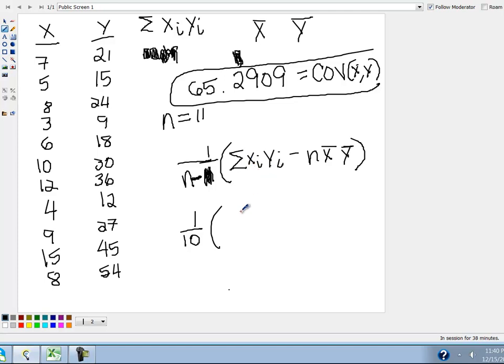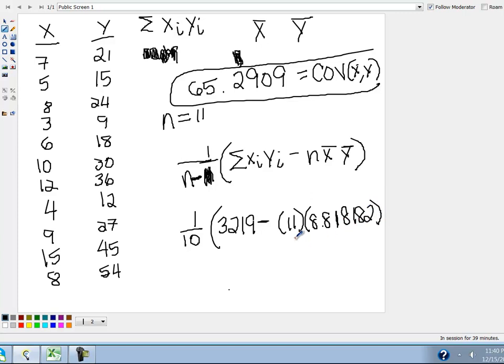We also said that the summation of xi, yi, we got 3219. I'm now going to subtract off n, which we said was 11, times the mean of x, and we got a long number, 8.818182.